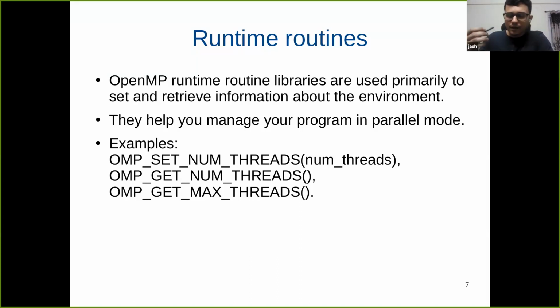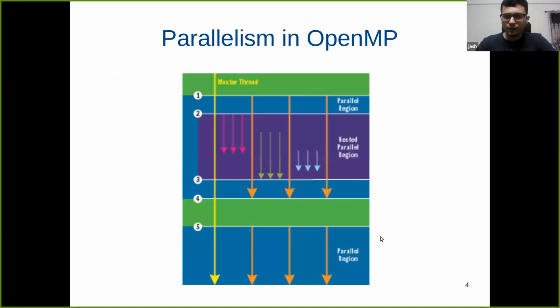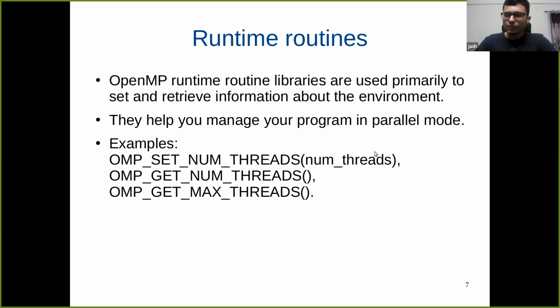Let us say you are in the parallel region of the code, which we saw in the previous slides. Your execution is currently happening within this parallel region, and you want to query the number of threads that are currently executing.